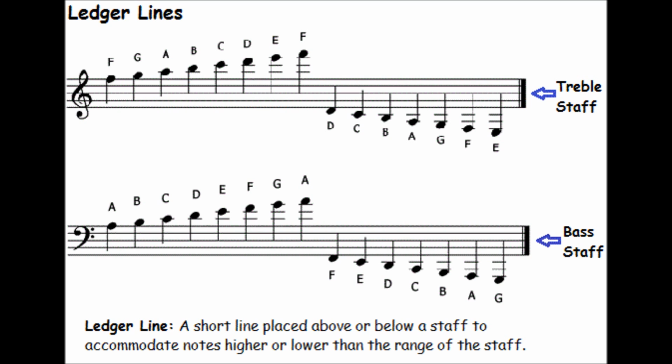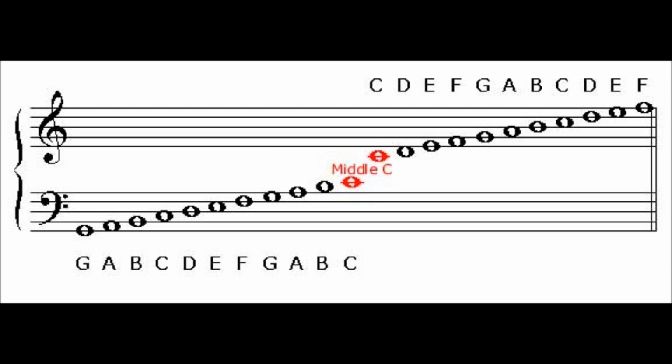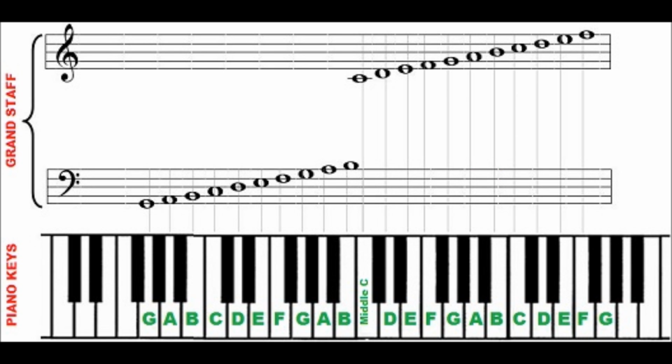But for now, the focus should be mainly on the lines and spaces in the treble and bass clef as well as middle C. In this diagram, we can see what notes on the treble and bass clef correspond to the various keys on your piano.